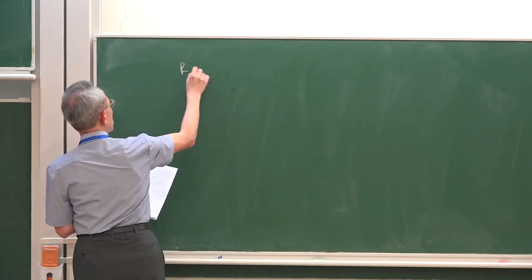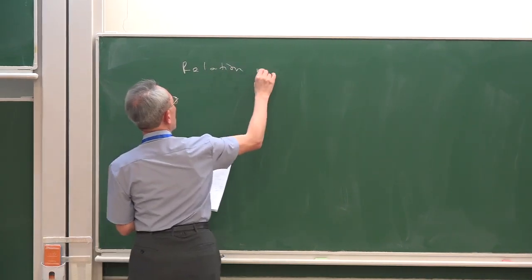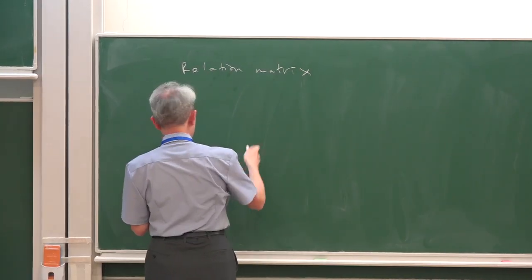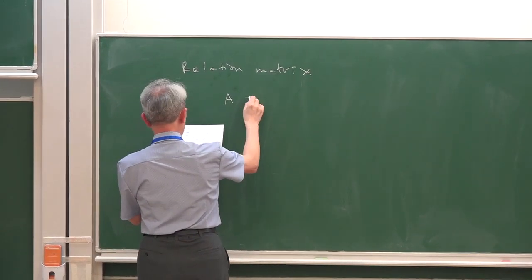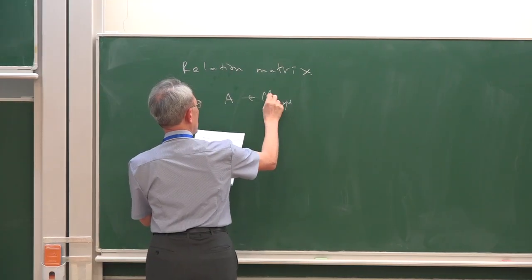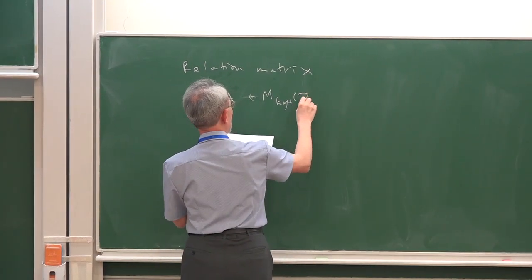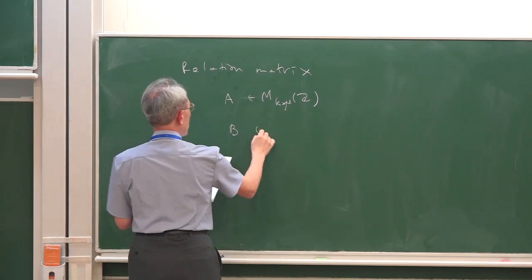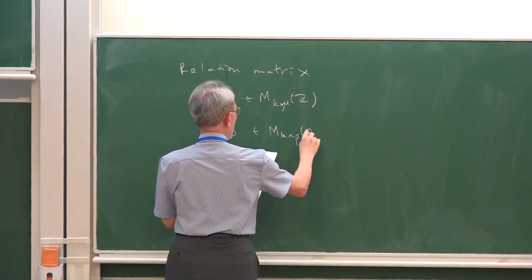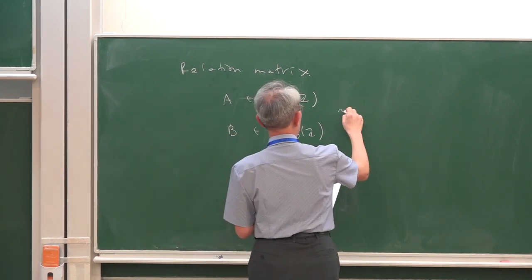The relation matrix. There's a matrix, let's call it A, and B is another matrix. A equals 0. That's a relation.